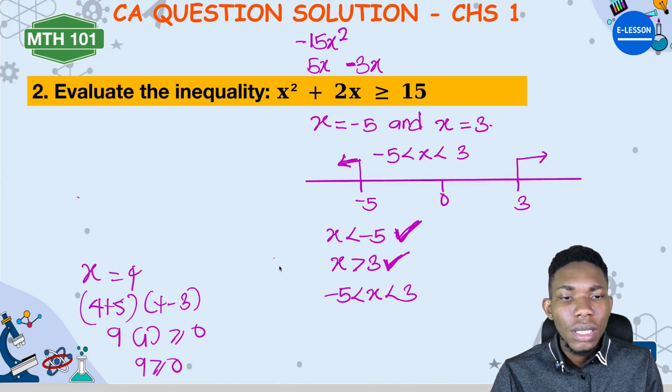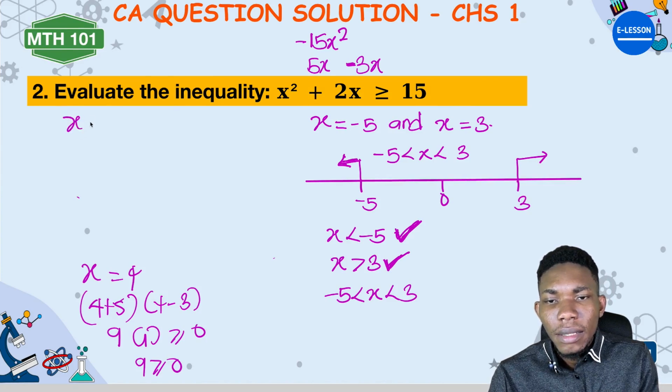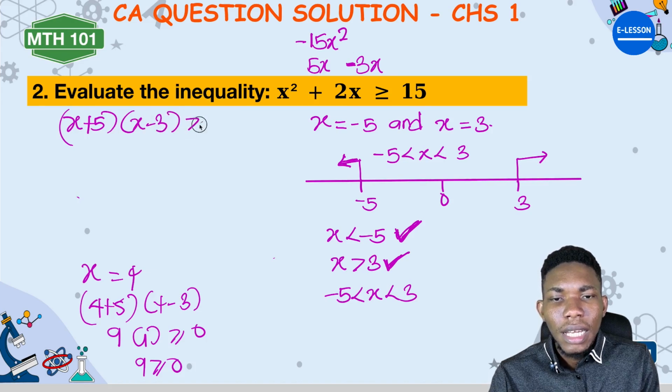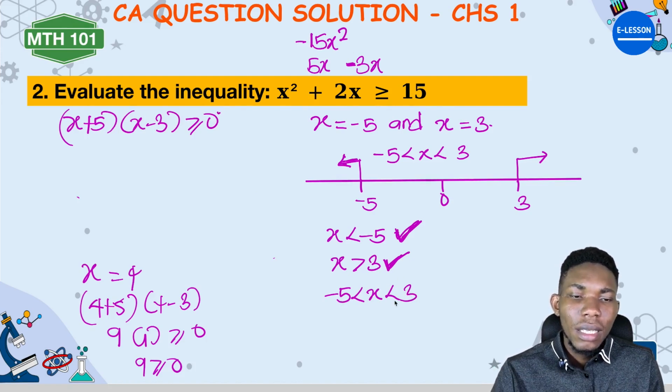Put 1 into the expression. What was the expression? Don't cancel them. The expression was, I think, x plus 5 bracket x minus 3 greater than or equal to 0. Like I said, minus 5 is less than x and x is less than 3.